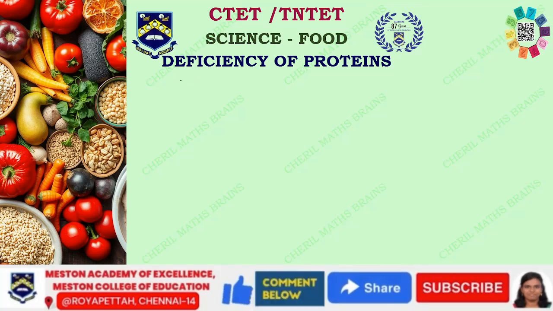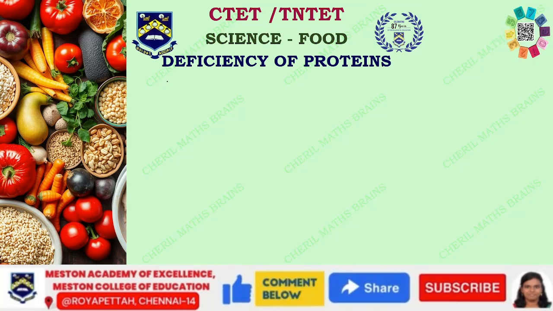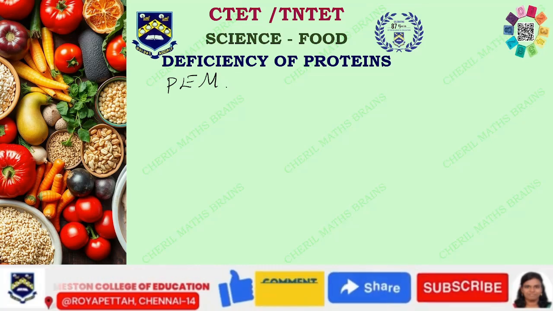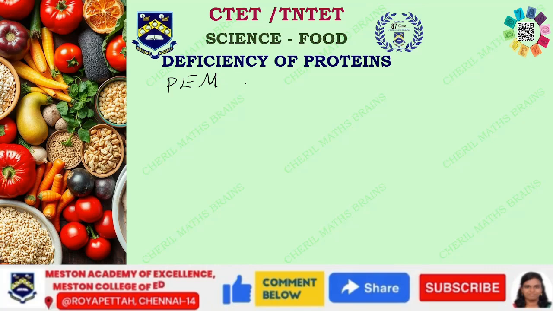Now, what will happen if you don't have much protein? When a person has less intake of protein, the person might come to have a condition called protein energy malnutrition. This protein energy malnutrition is a deficiency of both proteins and carbohydrates.